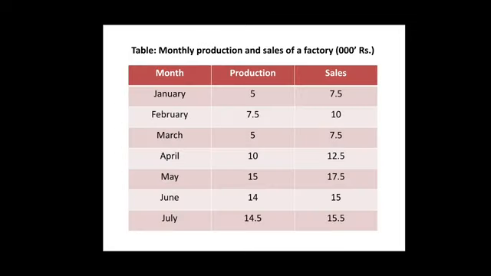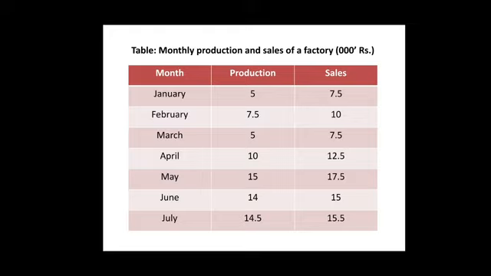The illustration given here in this slide will help you to understand it in a better way. The table here gives data on the production and sales of a factory in thousand rupees between January and July. So here we have the values of two variables, rather two dependent variables.